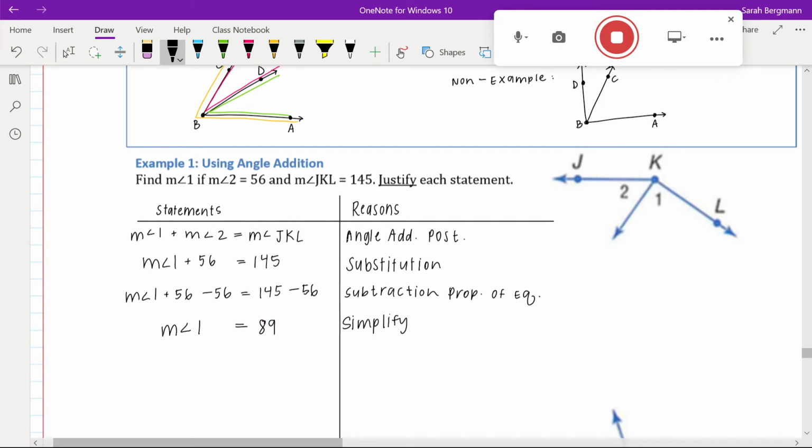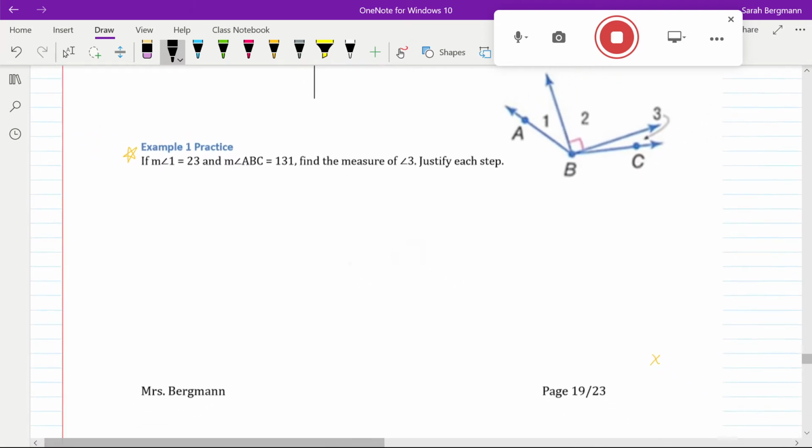Double check what they asked you for. They said to find the measure of angle 1. We have completed what they asked us for along with justifying each statement, so we are finished. Please pause the video and try the practice problem below. We will go over the answer to this problem in class tomorrow.